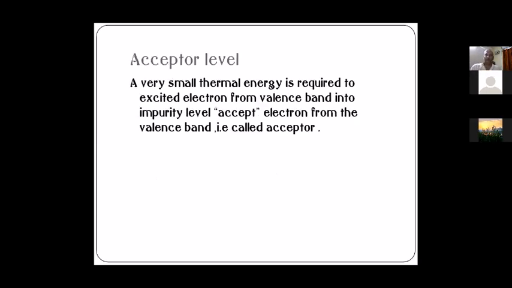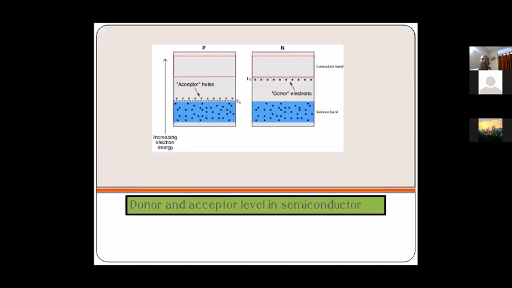Acceptor levels are very small. Thermal energy is required to excite an electron from the valence band into the impurity level; the impurity that accepts an electron from the valence band is called the acceptor. In this figure, we see donor and acceptor levels in a semiconductor.